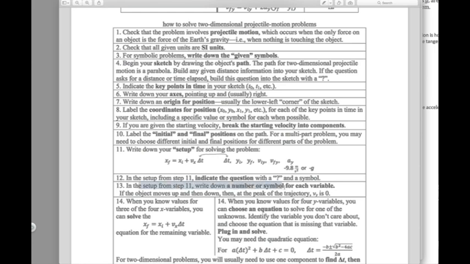Moving on to the next step, we want to write down symbols for each variable using the work we've done previously. So x final will be capital D. x initial will be 0. Vx will be what we figured out here, V. I'll leave out the extra plus sign now that I'm plugging into the equation to make the math simpler.